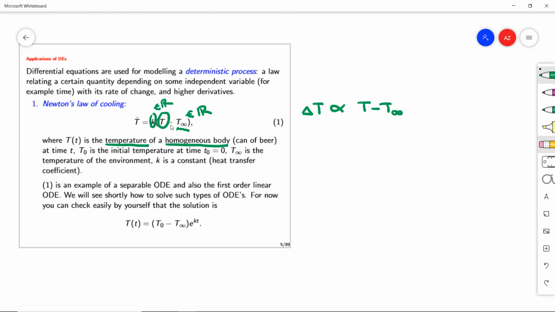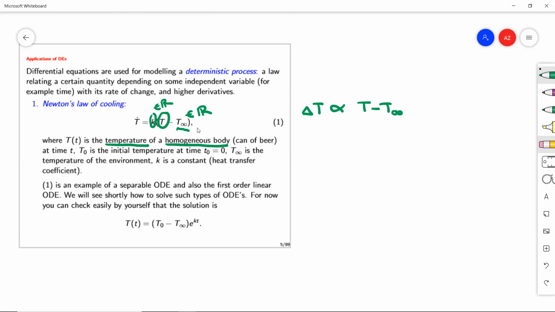So this means that, for example, if the temperature of the environment is higher than the temperature of the body, then the body will start to heat.